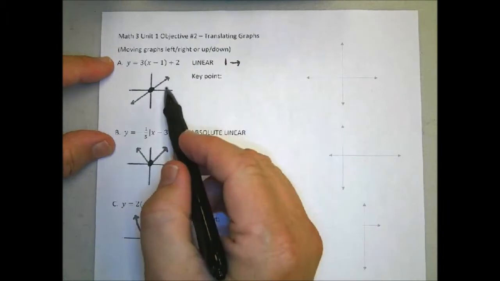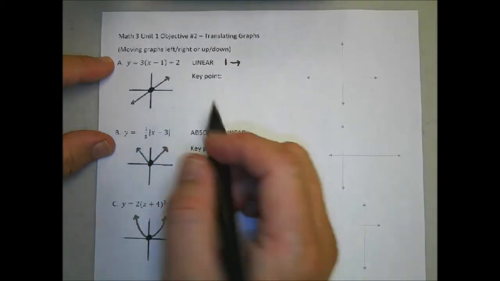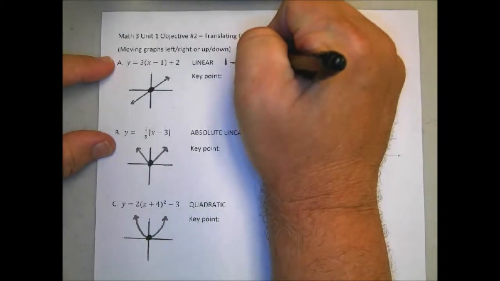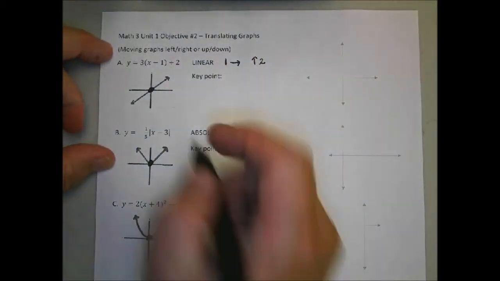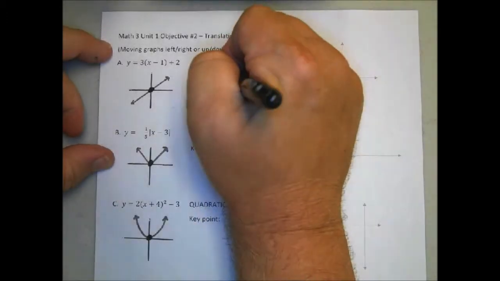And then this +2 at the end of the equation is shifting the point up 2. So therefore, instead of the key point being (0, 0) on this graph, the key point is actually (+1, +2).